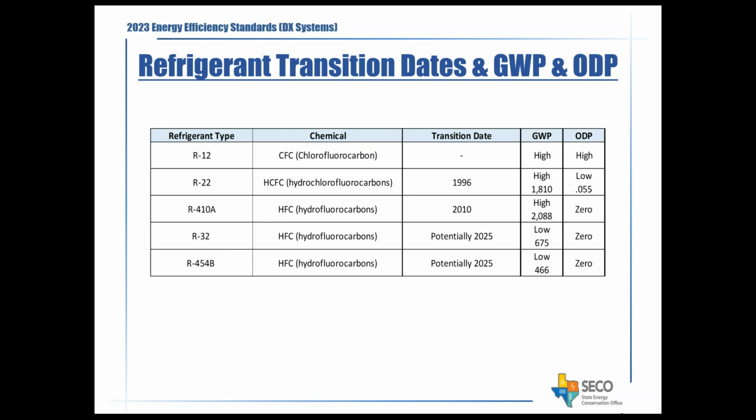You'll see a trend over a period of time where you had high ODP and GWP potentials, and then all of a sudden the ODP went down to 0, but the GWP number was still high, and now that has been moved down to less than 750.